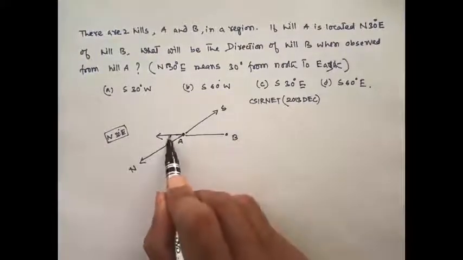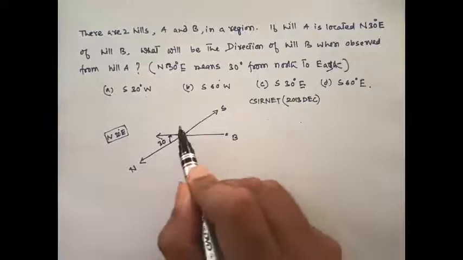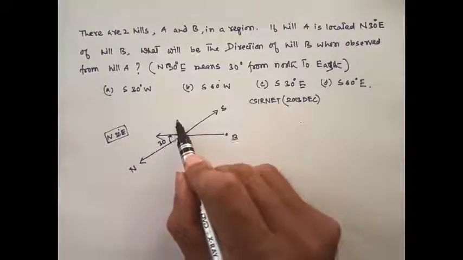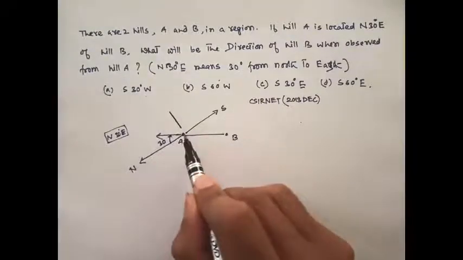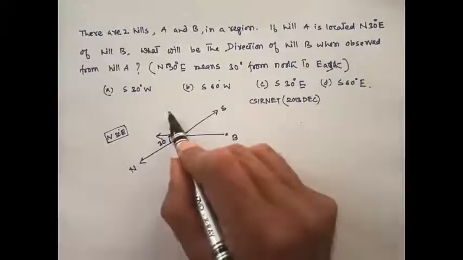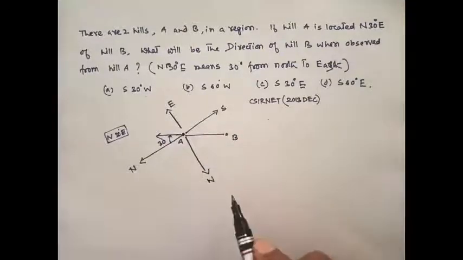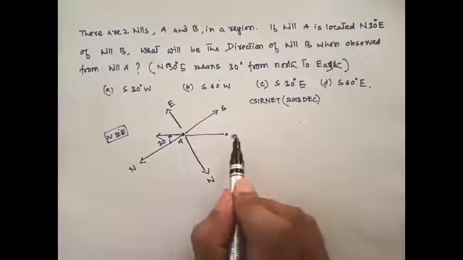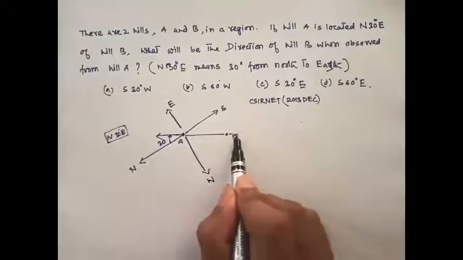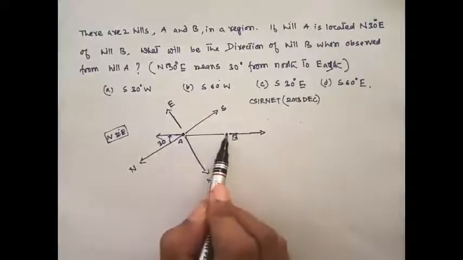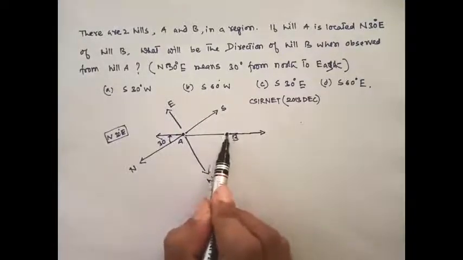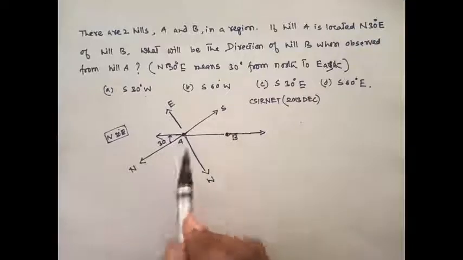So it is making a 30-degree angle with the east direction. This direction will be the east direction and the opposite one will be the west direction. So what will be the direction of this line, that is, if we see hill B from A, what will be the direction?